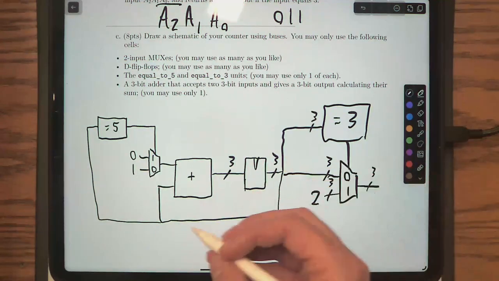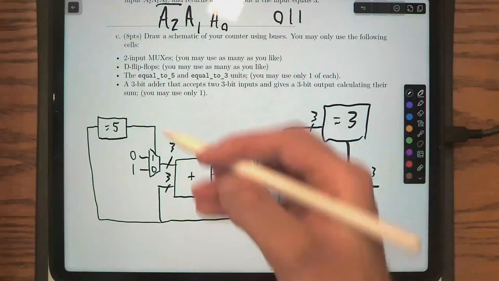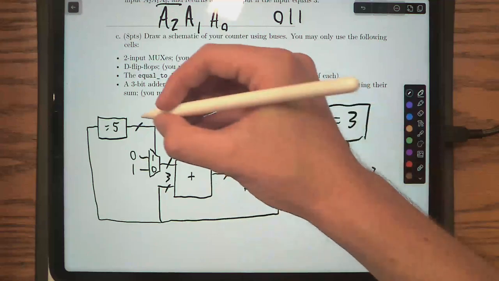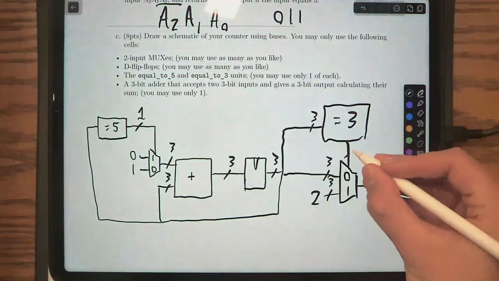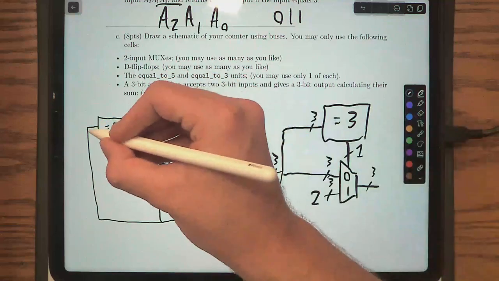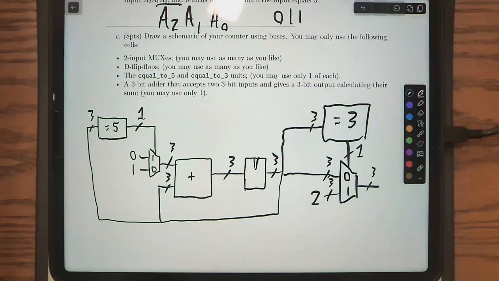And then this comes through, 3 bits, 3 bits. This equals 5, how wide is this? This is only 1 bit. What about this equals 3? This is 1 bit. Here, this is 3 bits. So we could do that. For me, I feel like it clutters it up just a little bit. As long as your schematic is correct, I think it's fine to leave off the bus labels. It's more of a visual preference thing.